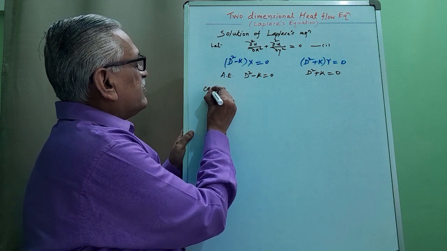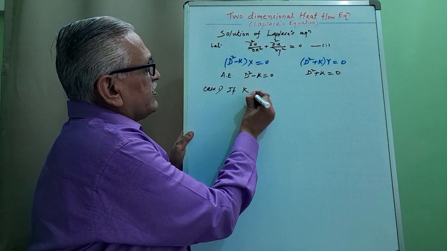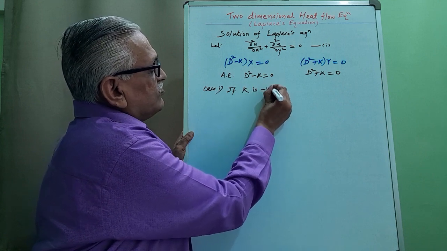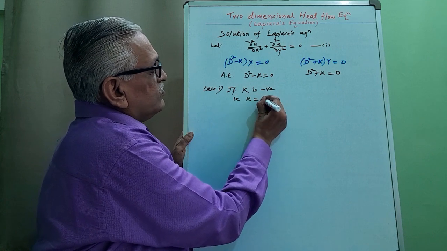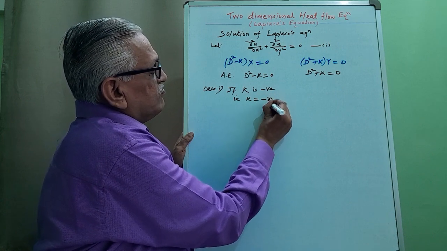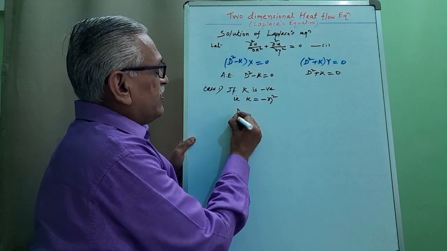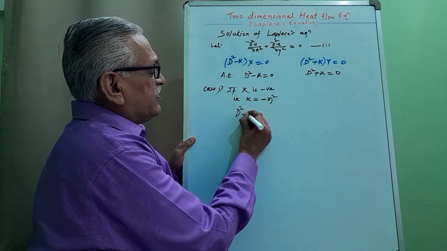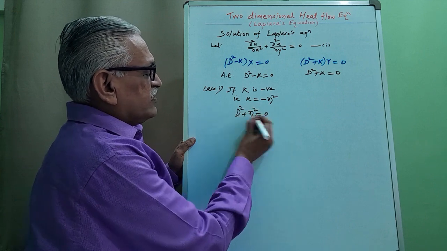Case number 1: if k is negative, suppose k equals minus n square. Here we get D square plus n square equals 0.